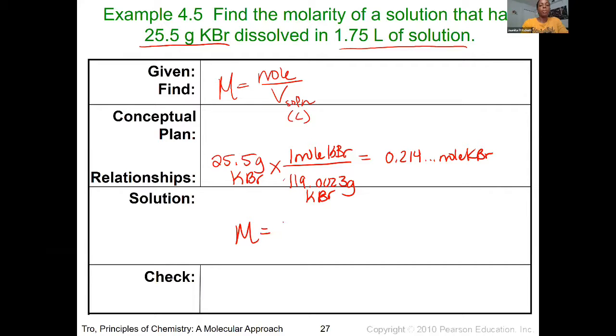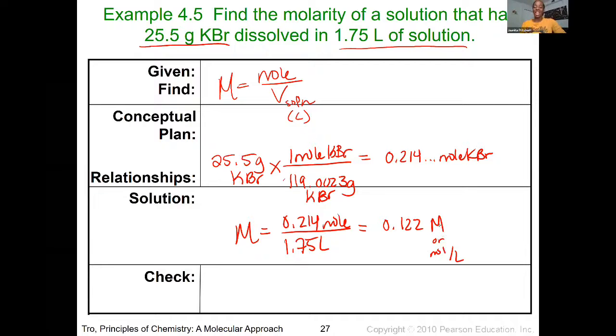The molarity equals your moles, 0.214 moles, divided by your volume of 1.75 liters. And that gets us 0.122. And our units here would be capital M for molarity, or technically you could also say moles per liter, since we didn't cancel anything out.